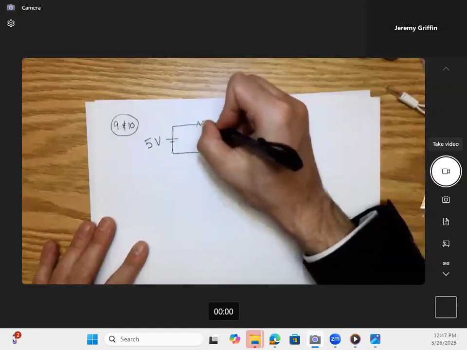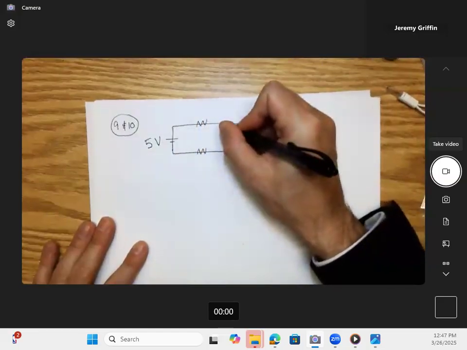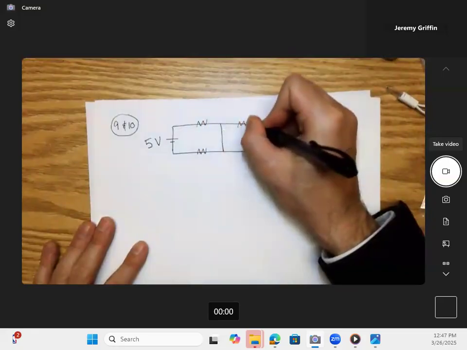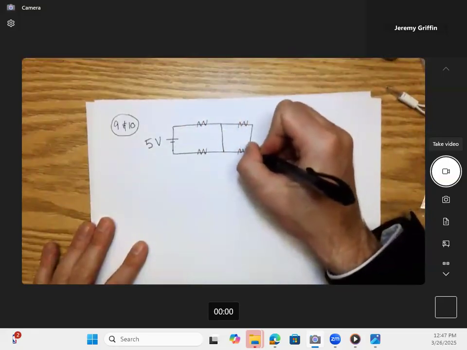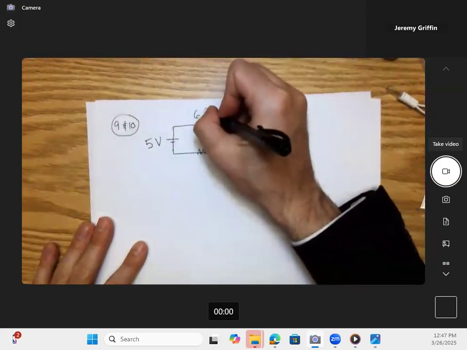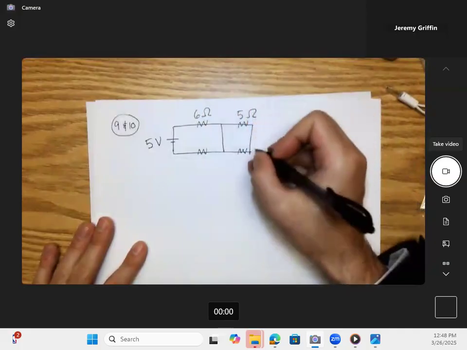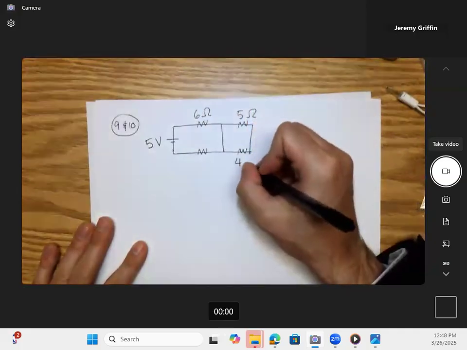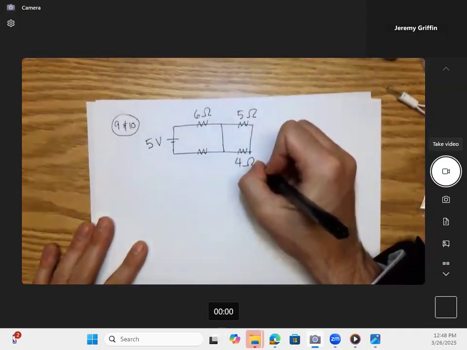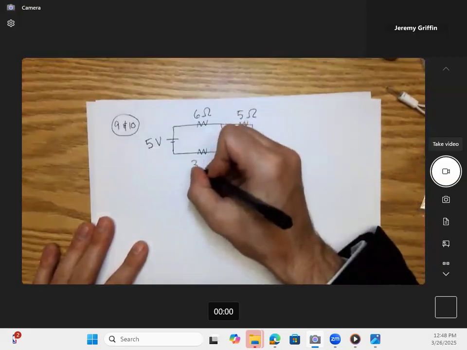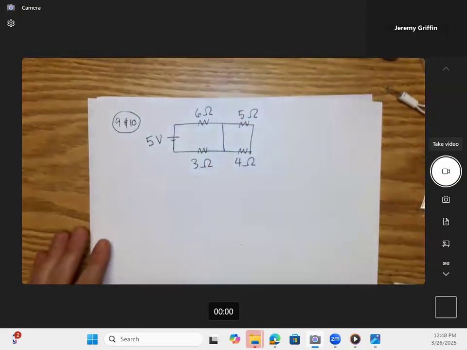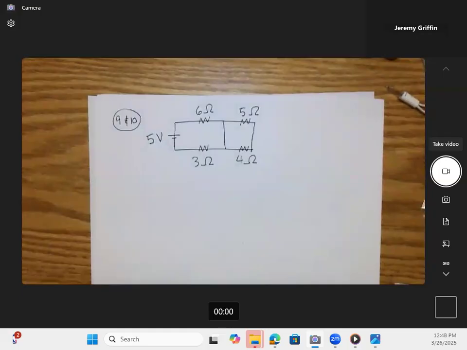So, okay, got a resistor here, got a wire here, resistor here, resistor here. Let's throw in some numbers. So I got this many ohms here, this many ohms here, this many ohms here, and this many ohms here. Okay, guys, got your setup?